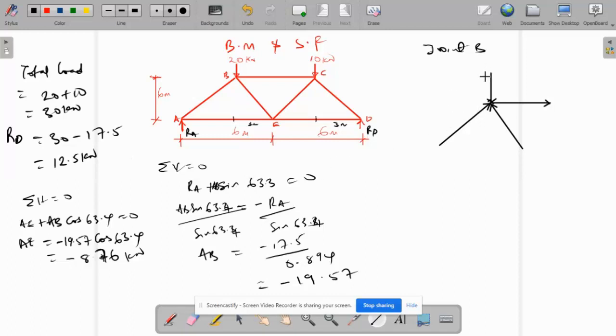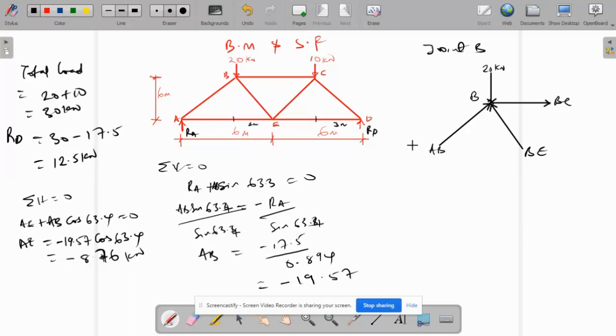So here we have, let's write out the values. These are joint B. Here we have 20 kilonewton. Here we don't know what this one is. This one is BC, member BC. This is member BE, and this very one is member AB.